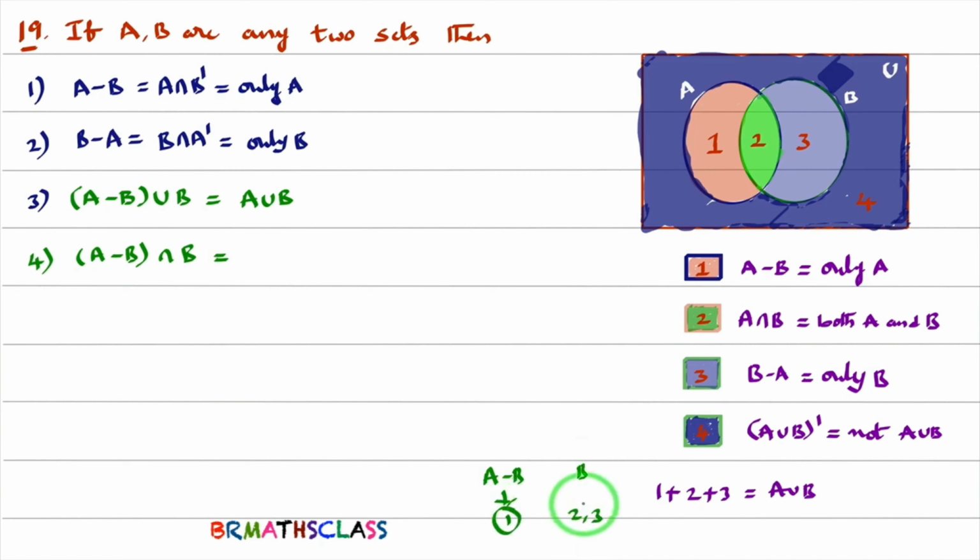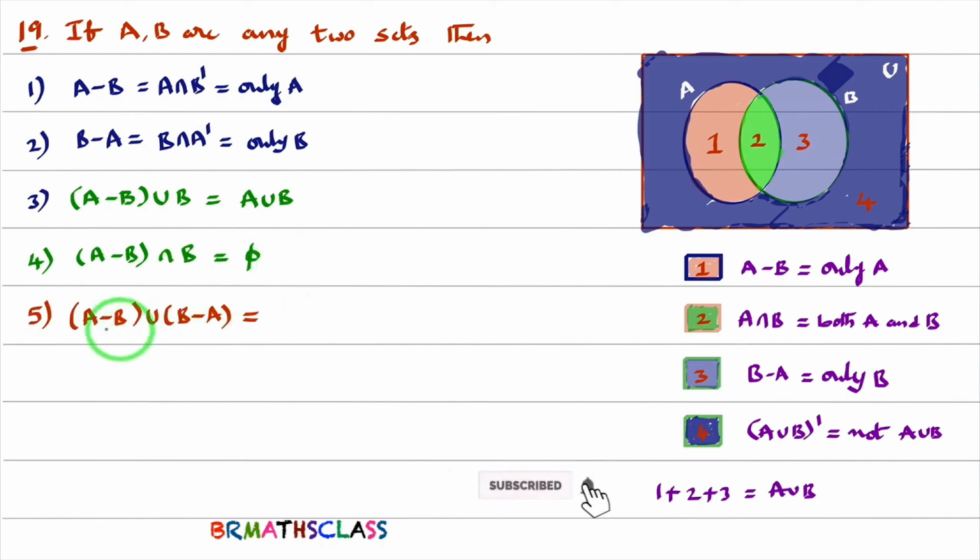This is the first set, this is the second set. Is there any part common in both? No, so these sets are disjoint. When we do their intersection, you will get the empty set. So A minus B union set B is A union B, and A minus B intersection B is the empty set.